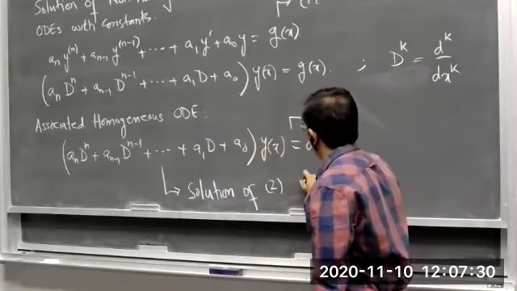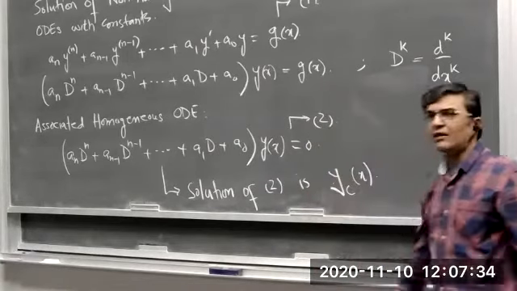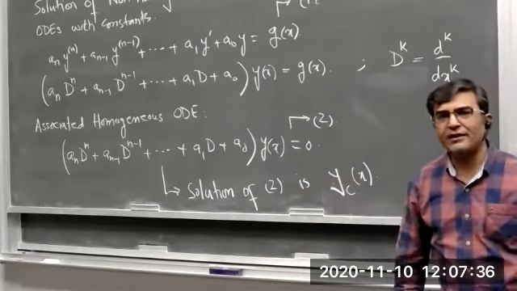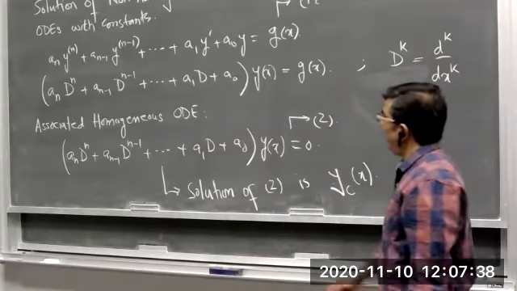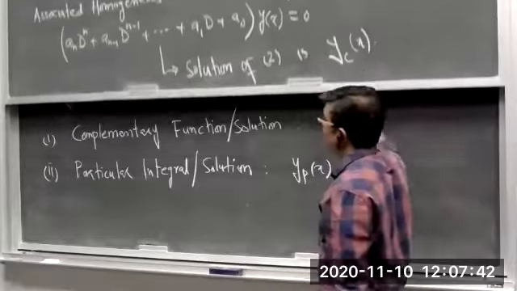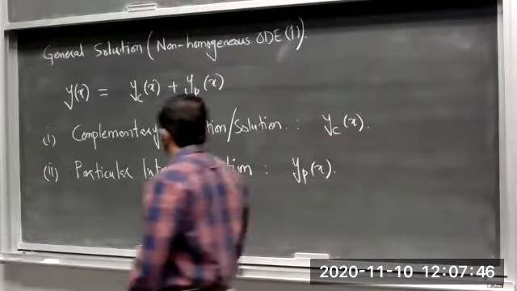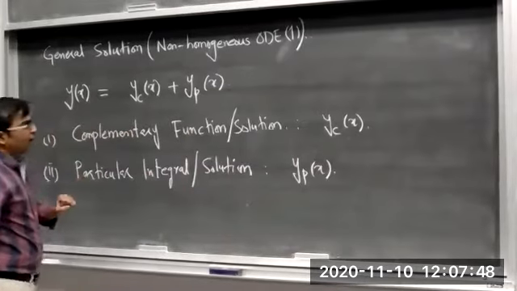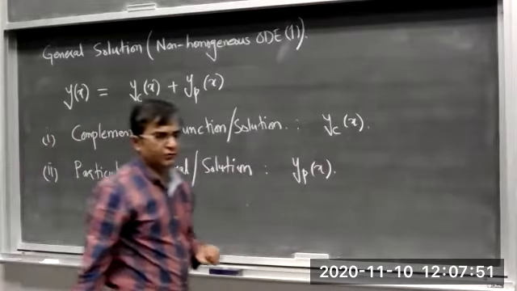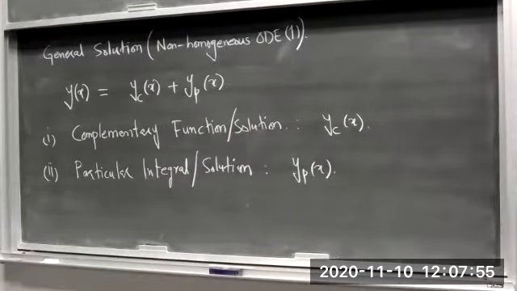The solution of 2 is called yc of x, which we call the complementary function. And what is the particular integral yp of x? I hope you know what a particular solution is. A particular solution is the solution which is independent of arbitrary constants. We discussed it in the early lectures of this course.